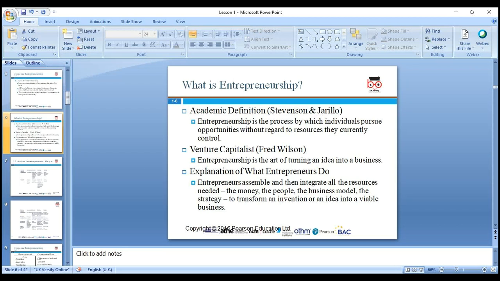Explanation of what entrepreneurs do. Entrepreneurs assemble and integrate all the resources needed, the money, the people, the business model and the strategies, to transform an invention or an idea into a viable business. So we have a lot of ideas that we can convert, think about Uber taxi.